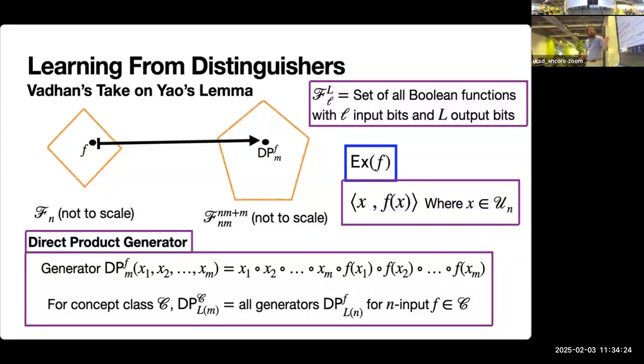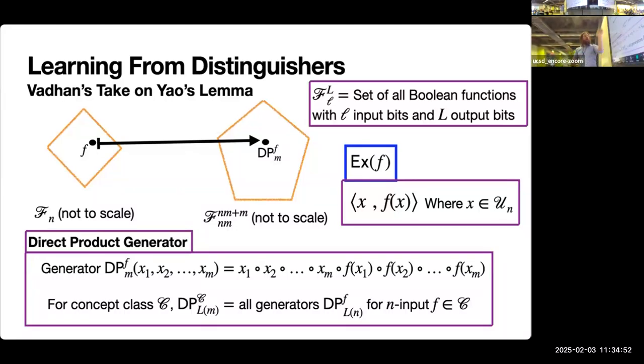The next thing is super important, please ask questions if it's not clear. This is transforming just one function into a generator. Look, single point over here, single point over here. What if I have a concept class?